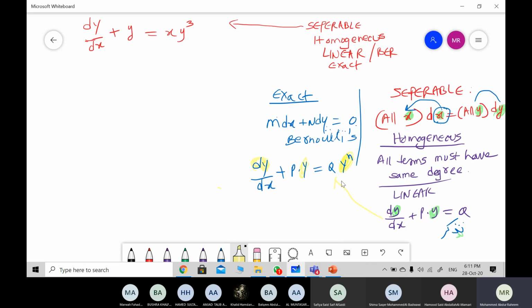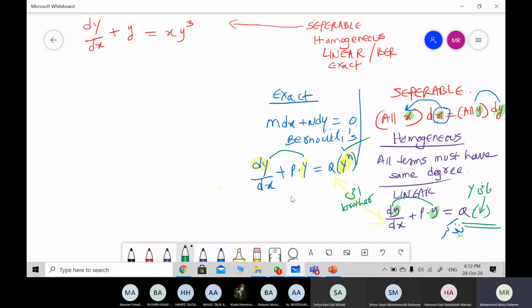If we compare these two, they are actually like brothers. But the difference is here there is no y term, a y term should not be there. But here y power n must be there. You understand? Yes, Musa. This is common, okay. But here no y, that is a must. But here y power n must be there, that is the difference.